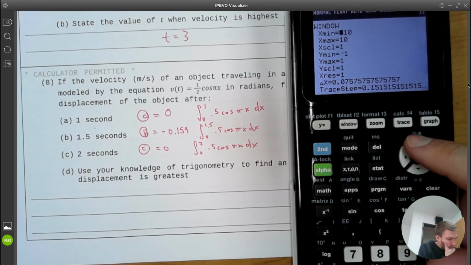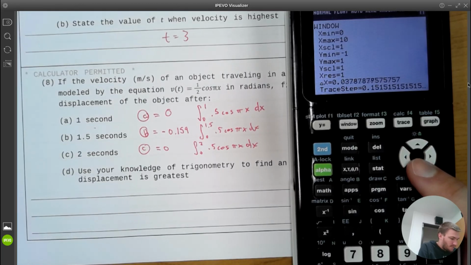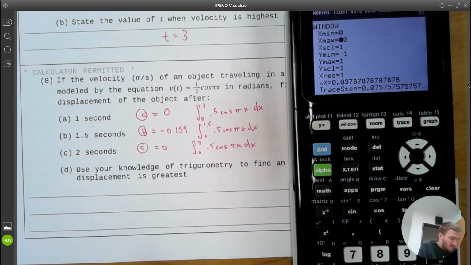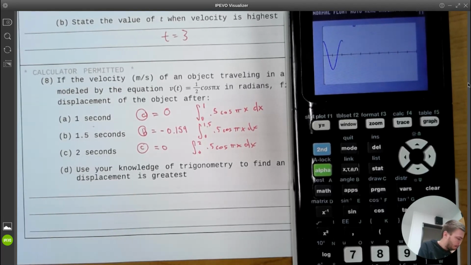My x window, I guess I'll do from 0, and then it's radians, right? We have this pi here that's converting all of these, so I guess 10 is fine. Let's just see what it looks like. Okay, so that's kind of what we expected. It just is oscillating back and forth.